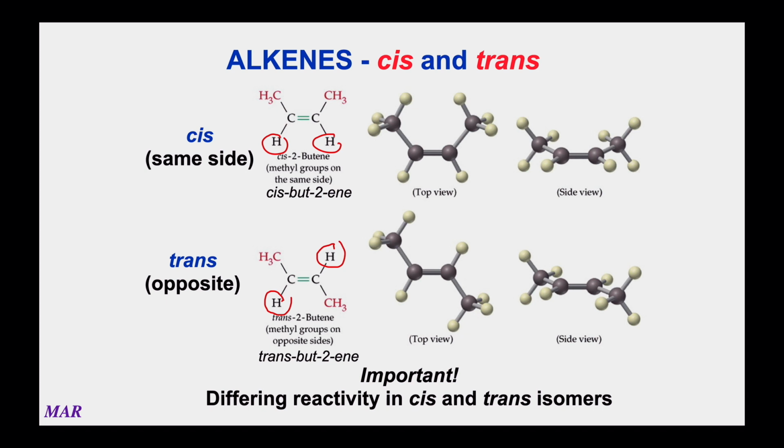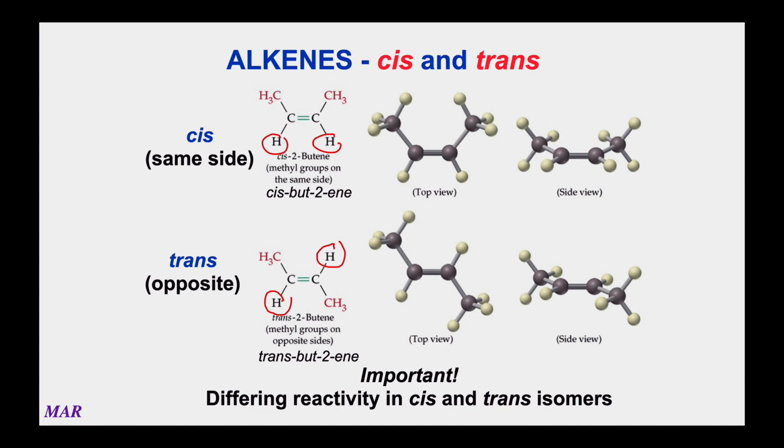The reactivity of a cis is quite different usually than trans. We talked about polarity in chapter 7. Cis is going to be much more polar than trans. In the trans form, the hydrogens are pulling in opposite directions from each other, so they kind of cancel out. But in a cis form, you don't have anything canceling for polarity.